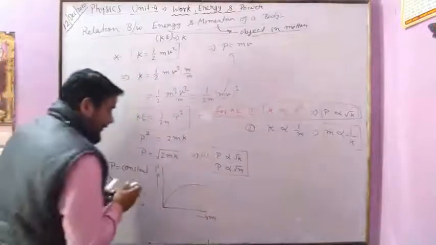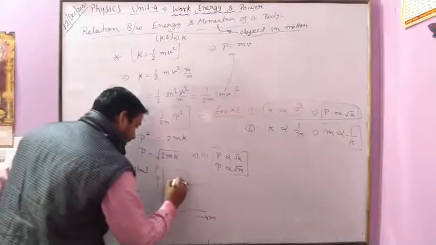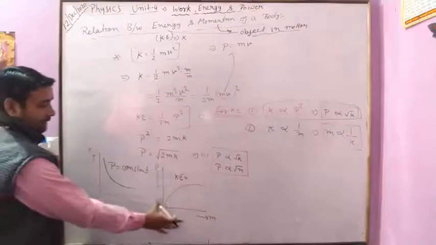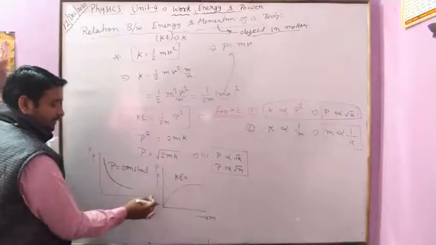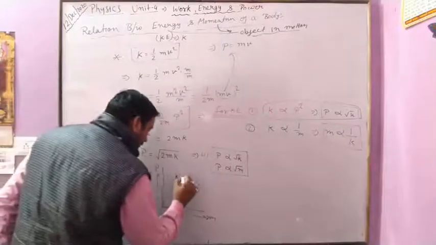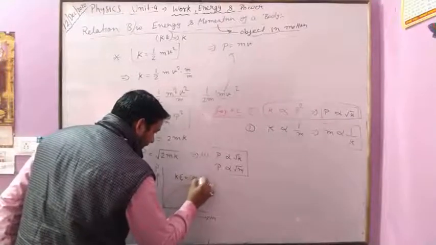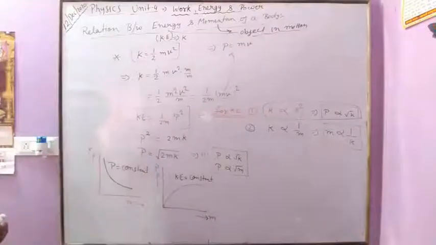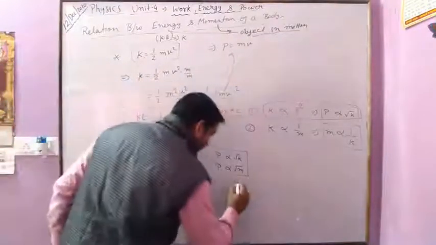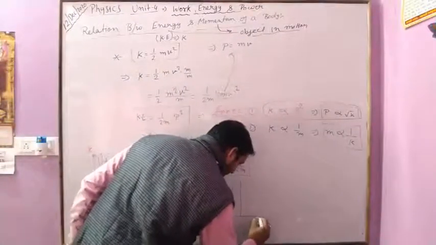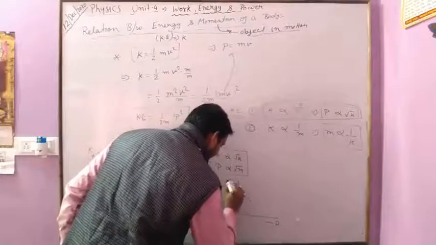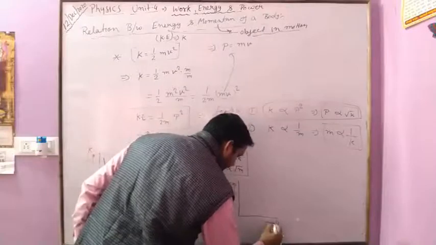By this graph we can say, because we are not using the kinetic energy on the x or y axis, here kinetic energy is constant. And the last condition is for momentum and kinetic energy.